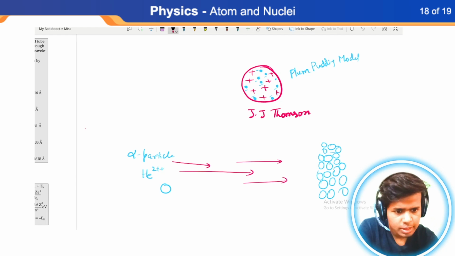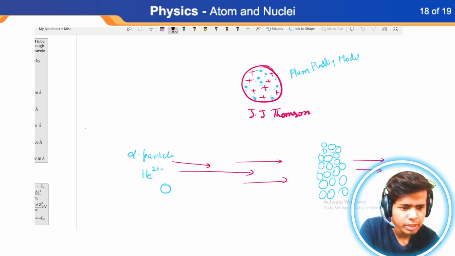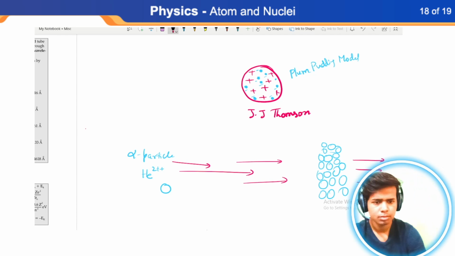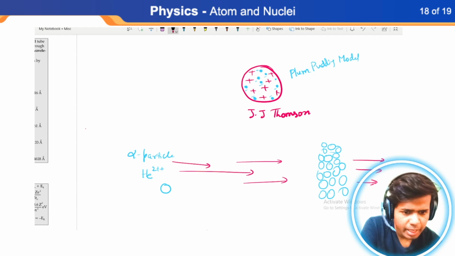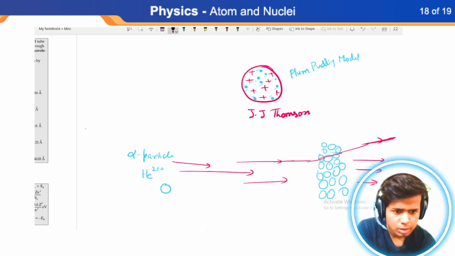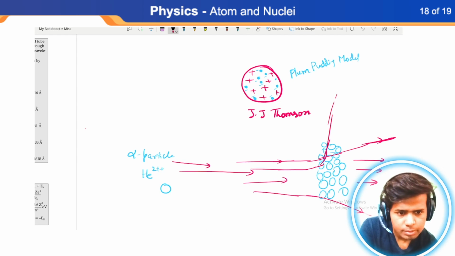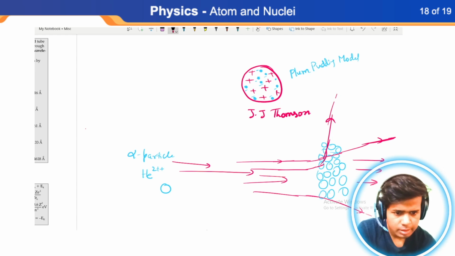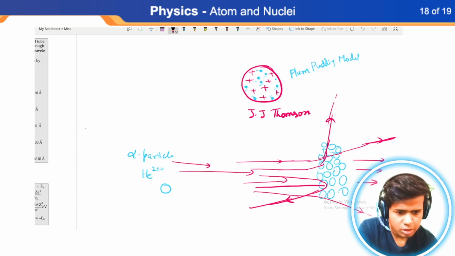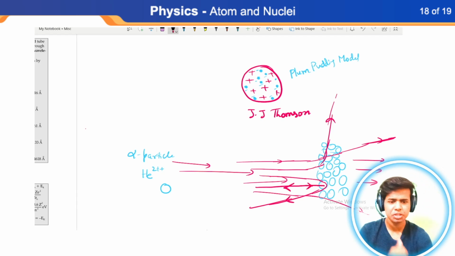Now what he observed was, most of the alpha particles pass through it very easily, almost 99%. But some of the alpha particles get deviated. Some particles get deviated, and some particles deviate even more, and some particles deviate so much that they almost come back, and some particles, very few, go straight and then come straight back.